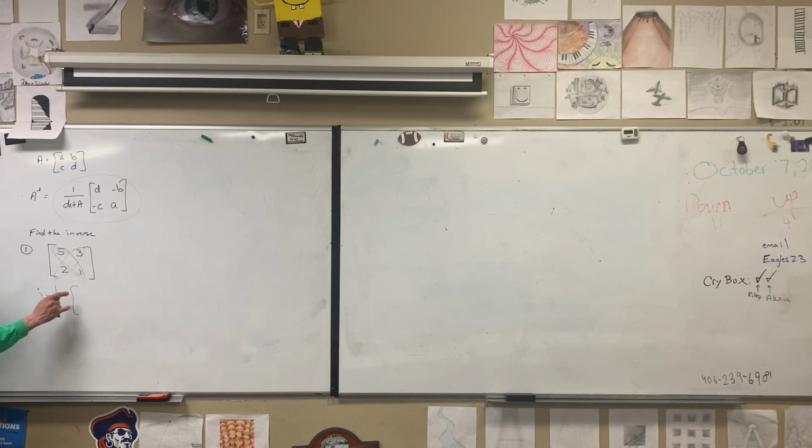Okay, and then you take your A and your D and you swap, so you're going to go 1 and 5 there. And then you're just going to change the sign on the 3 and the 2, so -3, -2. So then that inverse you would distribute in with this negative, -1.